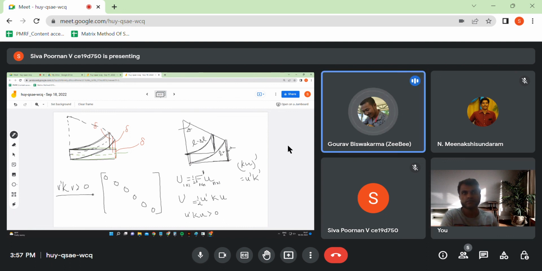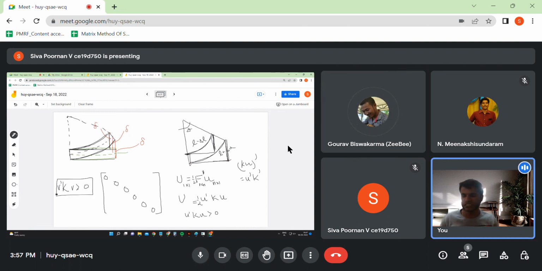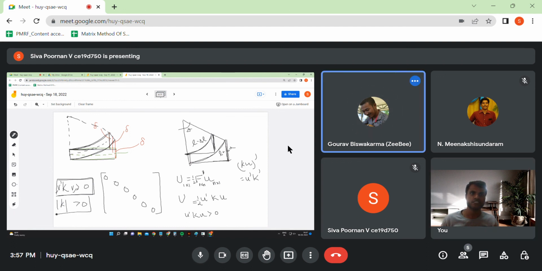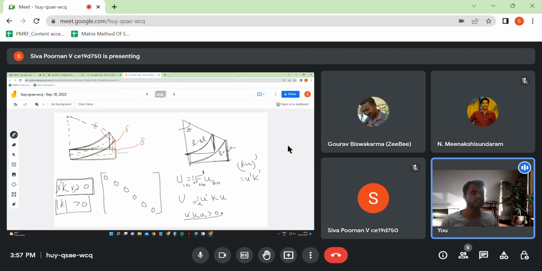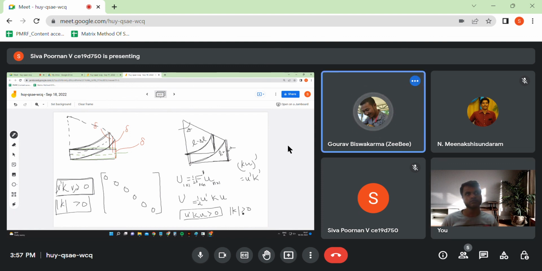This was shown in the course. So this is another form of saying that k's determinant should be positive. It's a mathematical proof: when this is true for all vectors v, then we can say that the determinant of k is greater than 0. So since we know that it is positive definite, we know that k's determinant should be positive. Okay, fine.